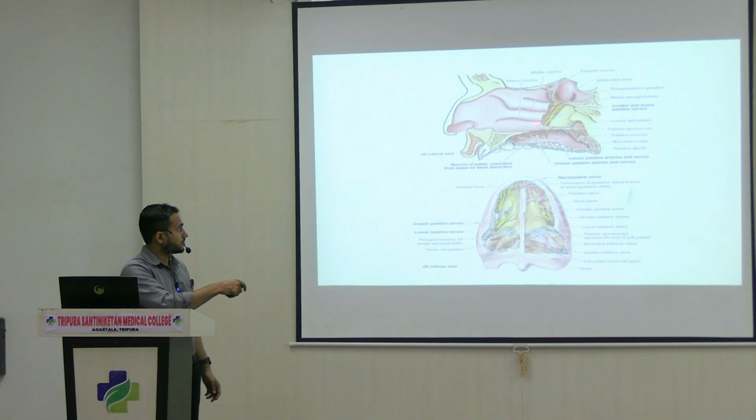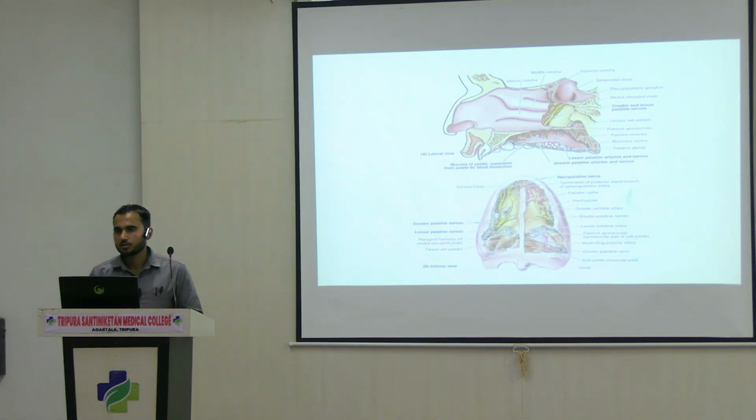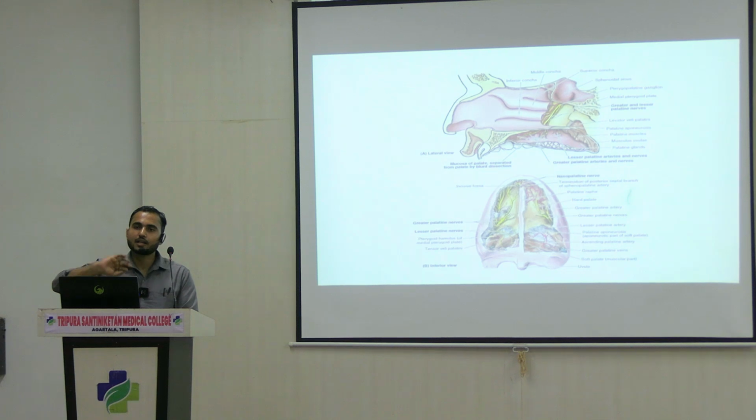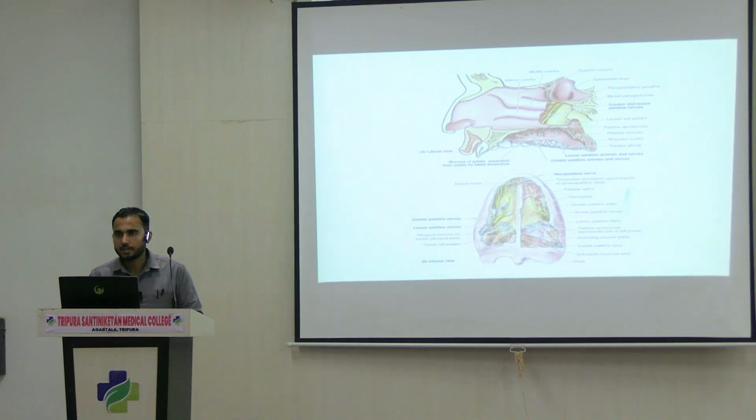This is the lateral view. Look, this is the hard palate, and this particular part is the soft palate. Here you can see the palatine aponeurosis. So these are the nerves and blood vessels which are supplying the soft palate. And this is the inferior view, meaning you are looking at the soft palate from below. This is how you can see the blood supply and nerve supply of the soft palate.